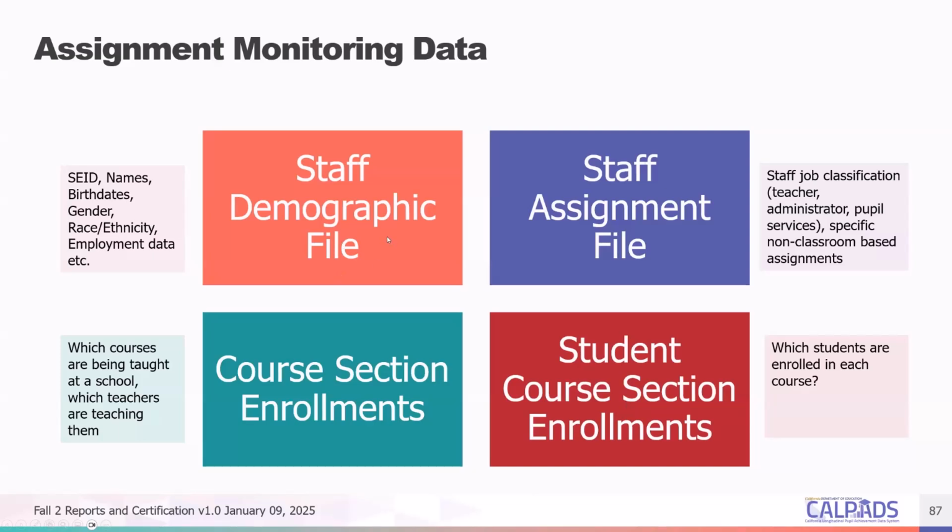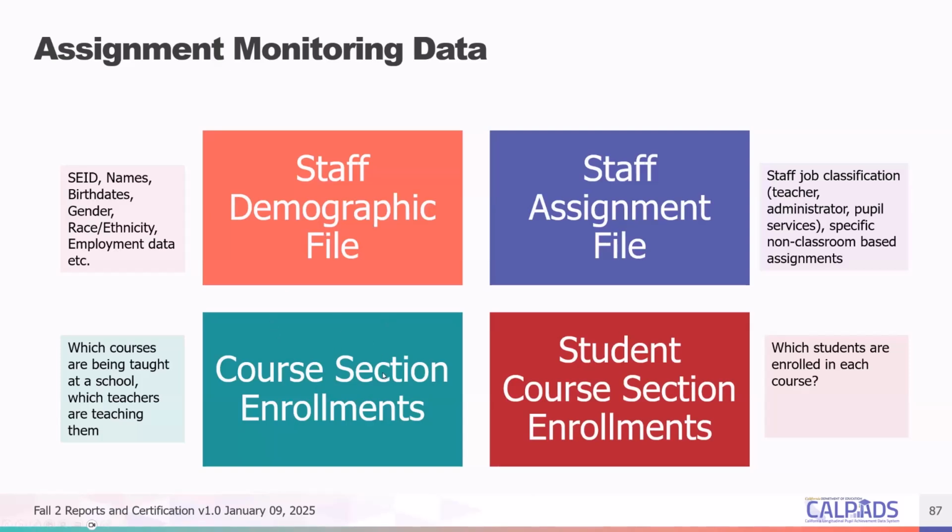The staff demographic identifies those staff members who have or lack experience or do not have the correct employment status code, right? Or it uses their SEID. The CTC uses the SEID that comes from the staff demographic to look at the authorizations and credentials for those staff members, right?